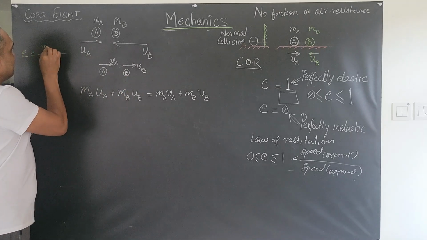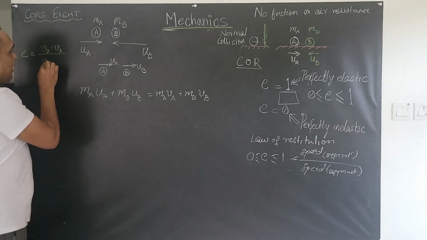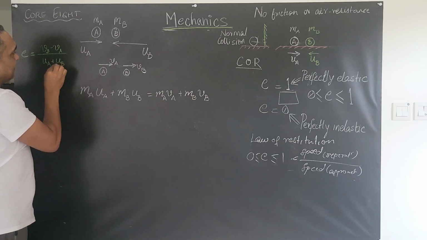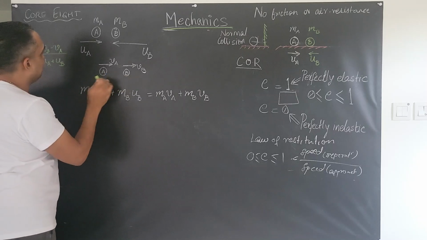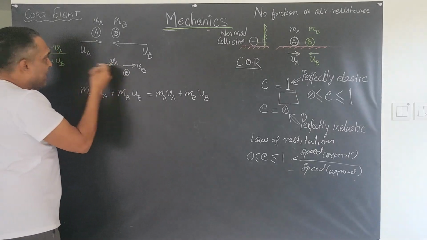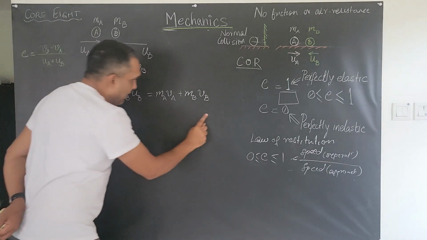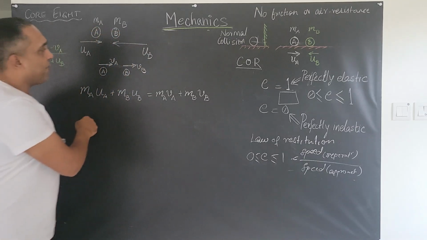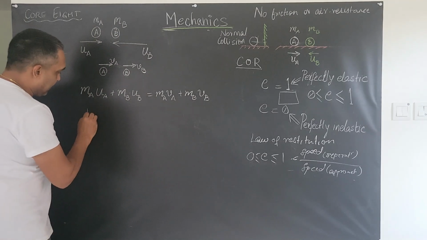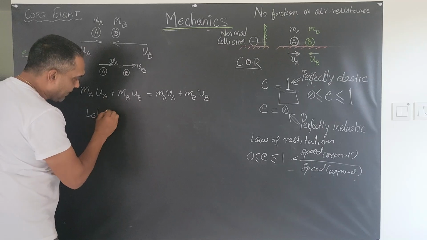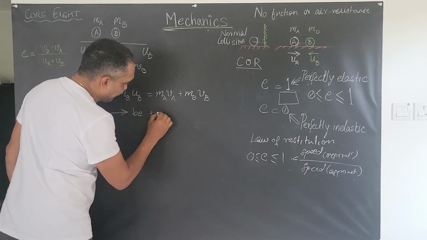So let's say it's here, it's VB minus, you might say VB minus VA, and here you might just say UA plus UB, right? So remember that. Either way, you get an equation, right? But you have to figure out this. If VA was, and they were moving away from each other, this would be VA plus VB. This is important. Here, how do we do this? When you do this, you have to set a direction. You have to define this equation by making an assumption. Let left to right be the direction, be positive.